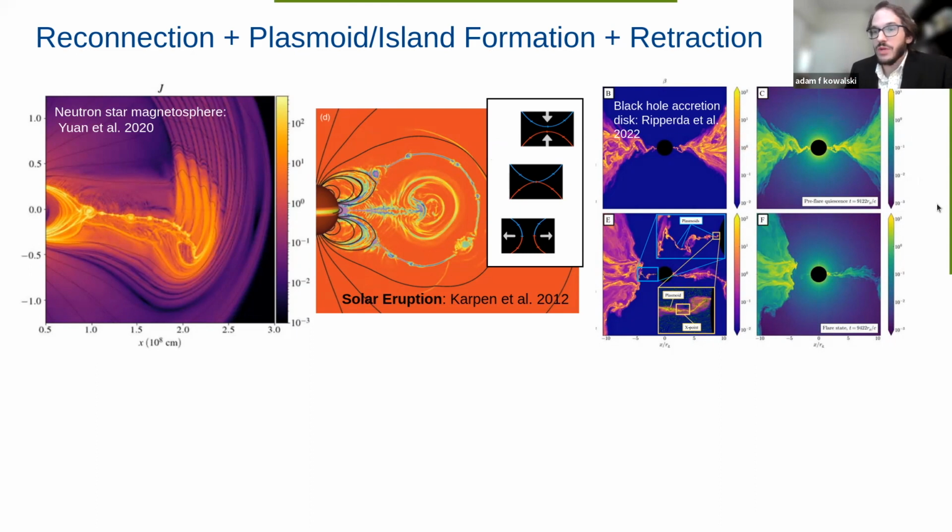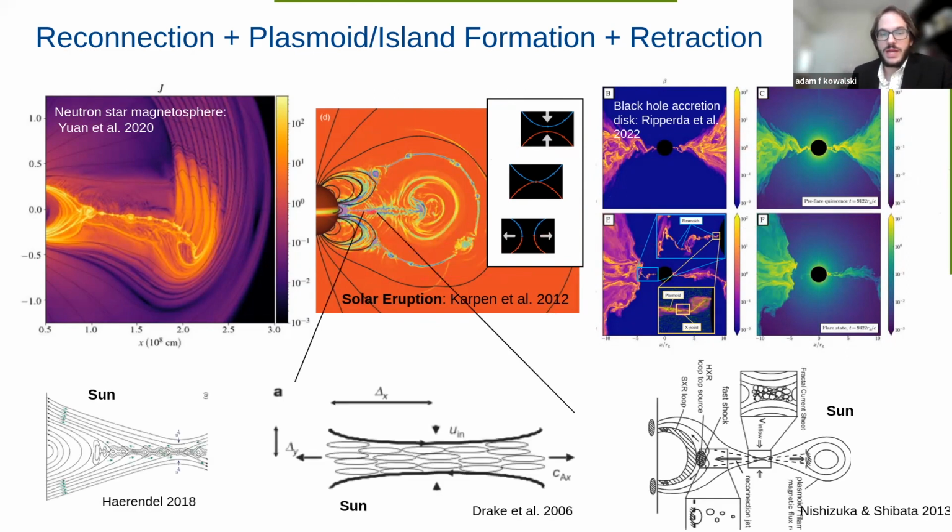There's been a lot of really exciting MHD work on the reconnection and energy conversion process on the sun, which I show in the center panel. And what they're finding is where you have the reconnection region here, there are plasmoids that form, which are localized regions of magnetic connectivity, illustrated as the ovals in the bottom middle cartoon, which start very elongated, but then relax to a more circular shape.